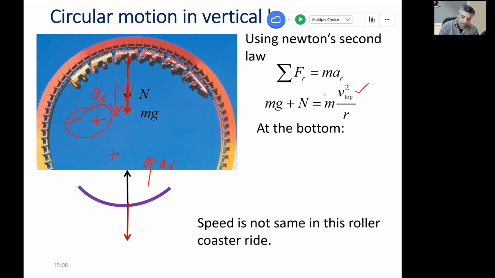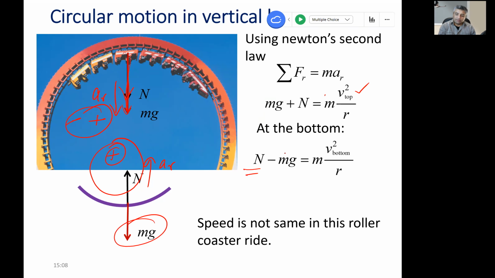So we can choose up as positive when we're using this at the bottom. And let's say speed is v bottom or v_b. Okay. So now sum of the forces: normal being up and up being positive, normal is positive. mg is opposite, so negative. And acceleration is up, which means positive here.